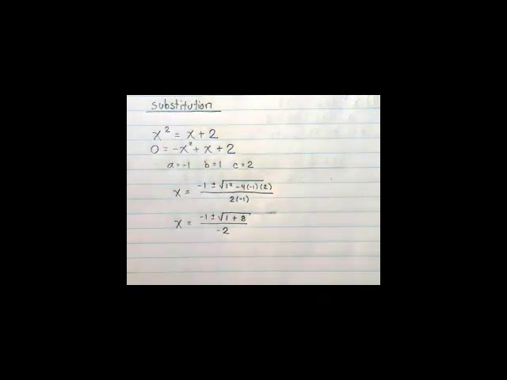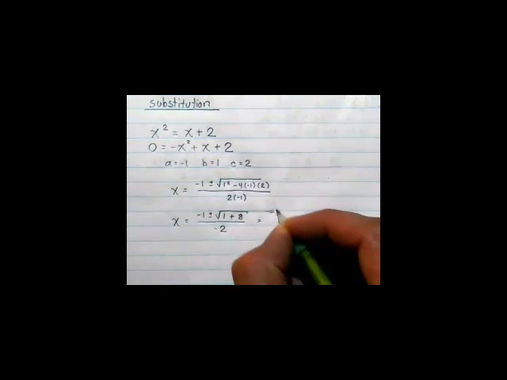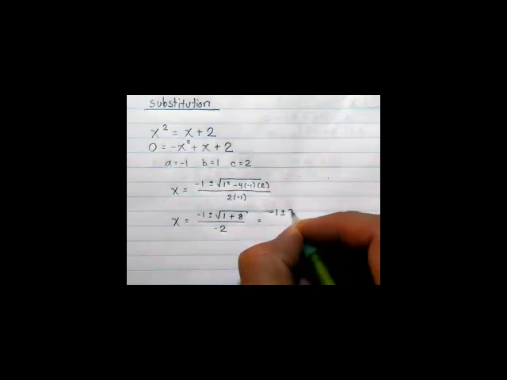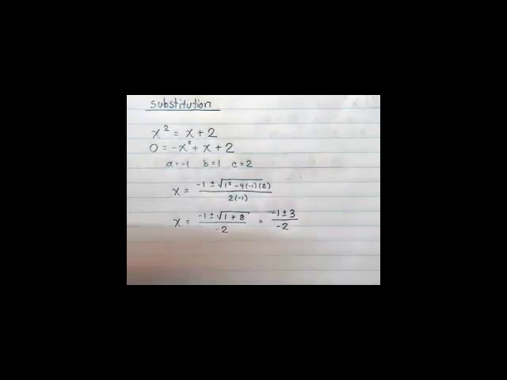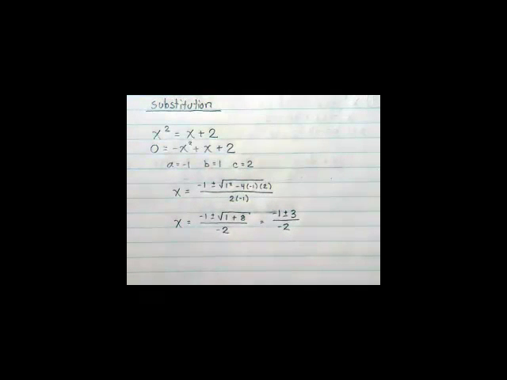Okay, so square root of 1 plus 8. It's square root of 9, right? So it's 3. Okay, so we've got -1 plus or minus 3 divided by -2. So we got 2 answers coming, right?